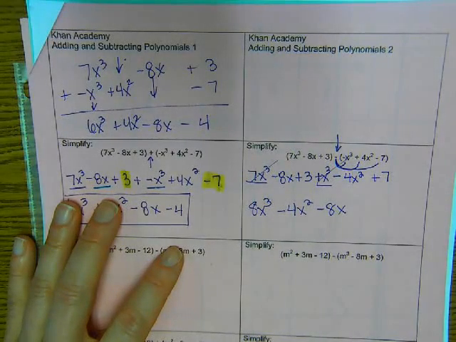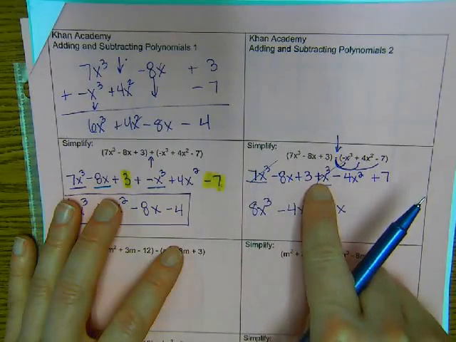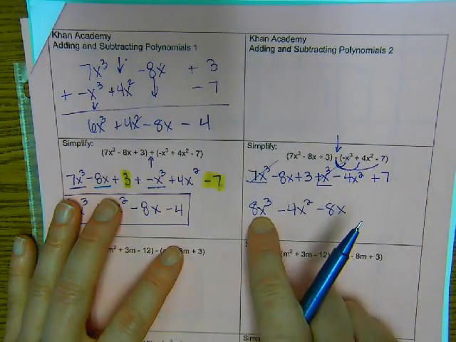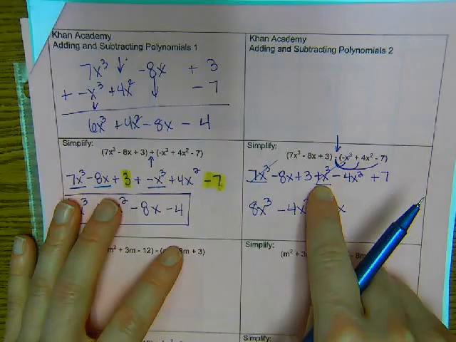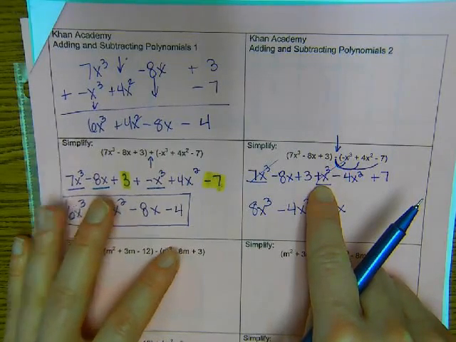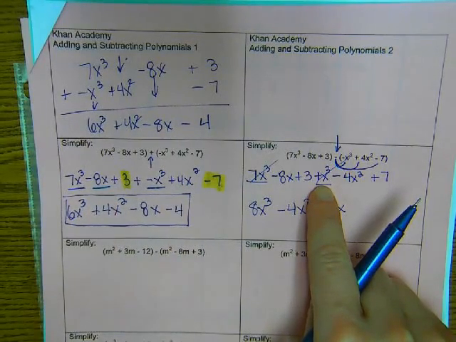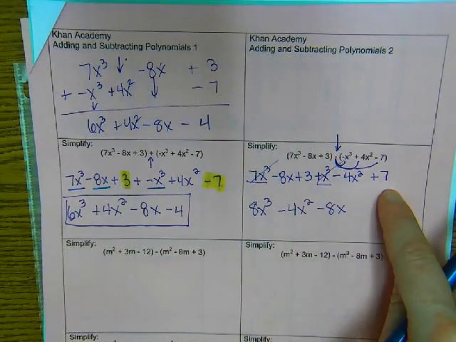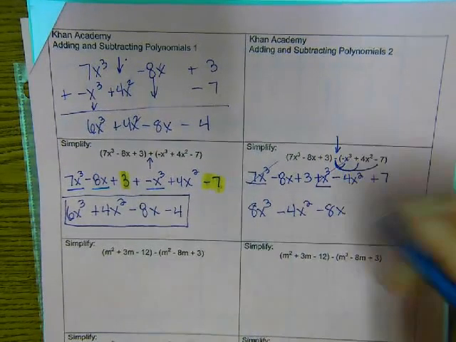Yes. 7x cubed plus 1x cubed makes 8x cubed. So even if it's not written there, that means there is a 1 there. And then 3 plus 7 is plus 10.